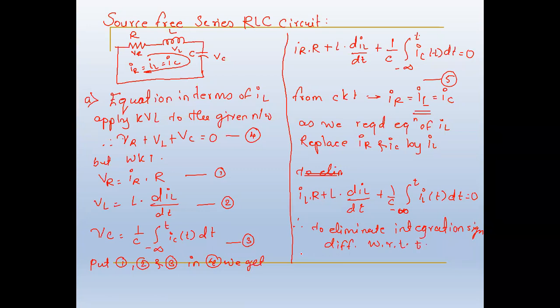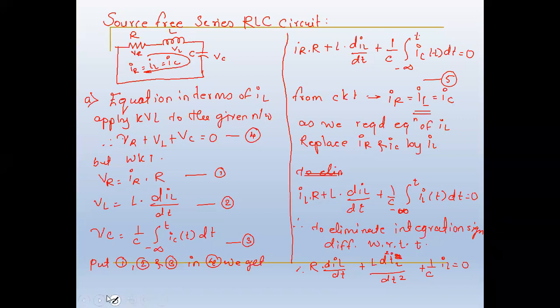So what will be your equation now? It will be R into dIL by dt plus L into d square IL by dt square plus 1 by C into IL, which is equal to 0.